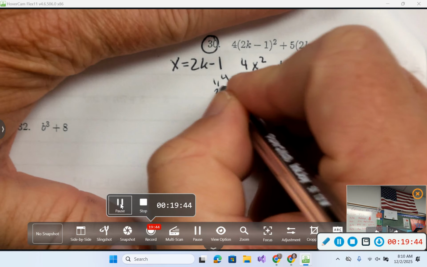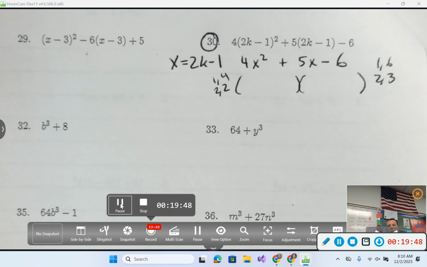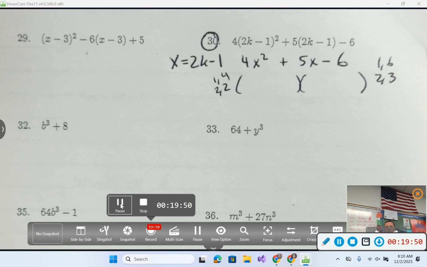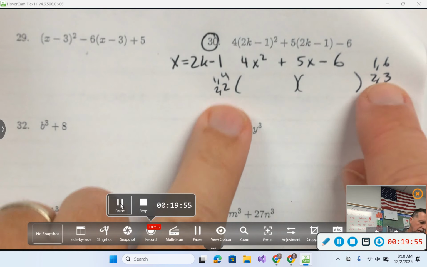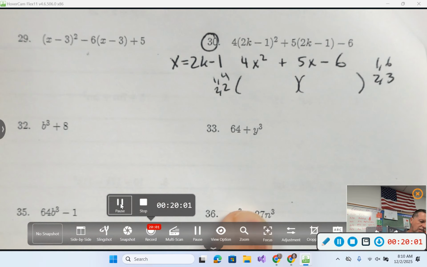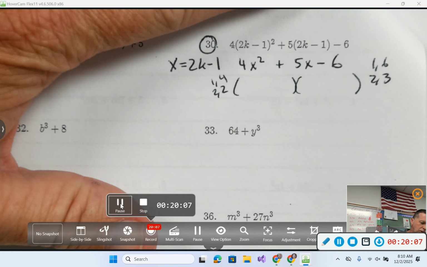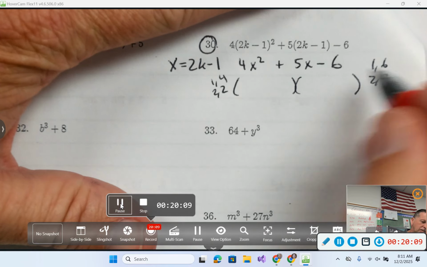Okay, so 1 and 4, 2 and 2, 1 and 6, 2 and 3. How to get 5 out of those combinations of things. Oh, I think I see it. 4 times 6 is 24. That's not going to work. 6 times 2 is 12.